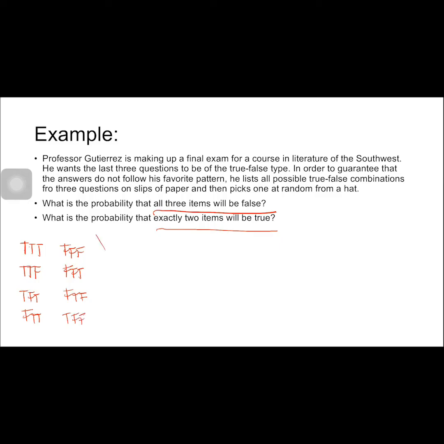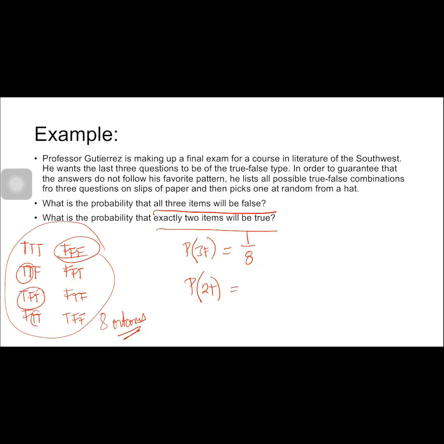So we have 8 outcomes. The probability of having 3 items false is equal to 1 over 8. And the probability of having exactly 2 items true is equal to, we have 1, 2, and 3. So that is 3 over 8.